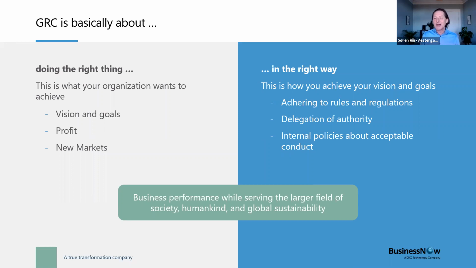But of course, that was just a joke, but it's about delegation of authority and which decisions can be made at which level in the organization, and also about internal policies about acceptable conduct. So this is business performance while serving the larger field of society, humankind, global sustainability, or whichever other ethics, rules, and regulations you are obliged to comply with.